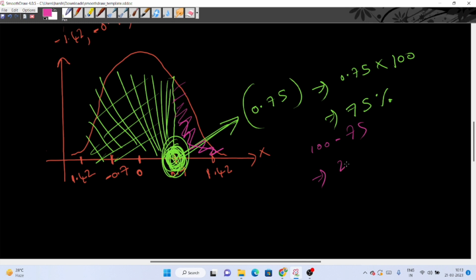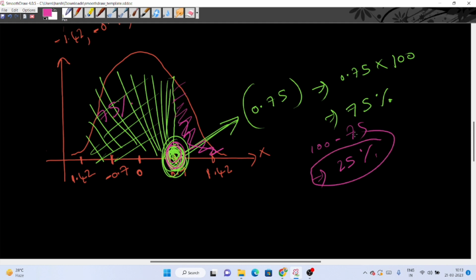So you can easily get 25%. Why do we subtract from 75? Because up to this point the total percentage of the area is 75%. So obviously the remaining is 100 minus 75, which is going to be 25%.